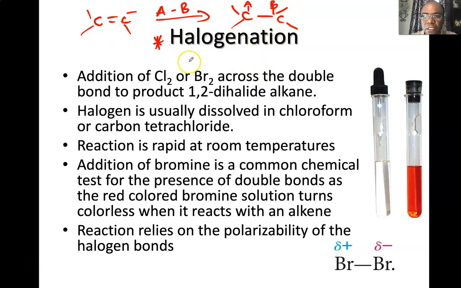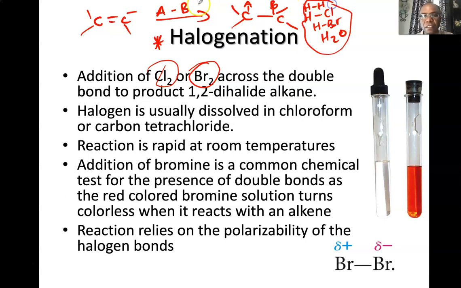The pi bond is gone. So specifically, this AB could be a halogen, a chlorine, or bromine. And there are other types of AB. You can add HCl, HBr, you can add water, you can add hydrogen gas. These are other reactants that can play the role of AB that can add across the double bond.